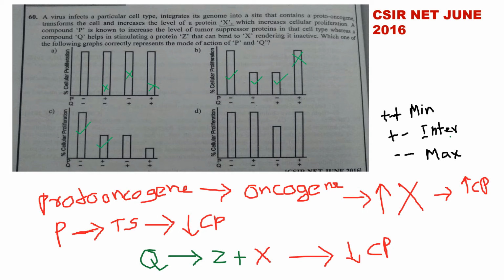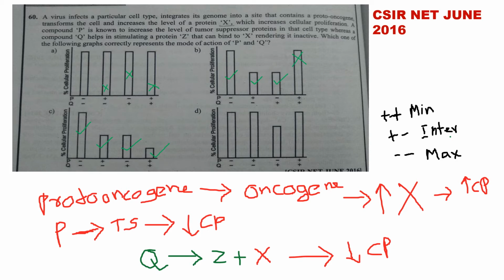Here P is absent and Q is present. Here also 50% cell proliferation, that is correct. Here both are present, P is present, Q is present. Both are present means minimum cell proliferation. This is also correct.